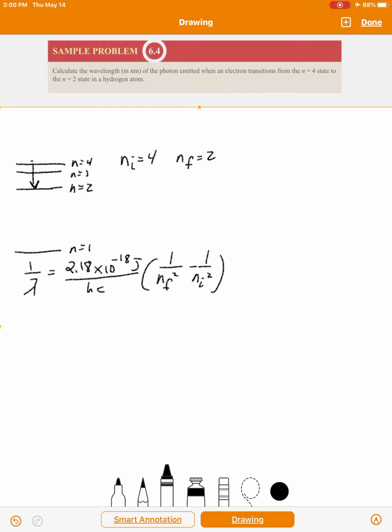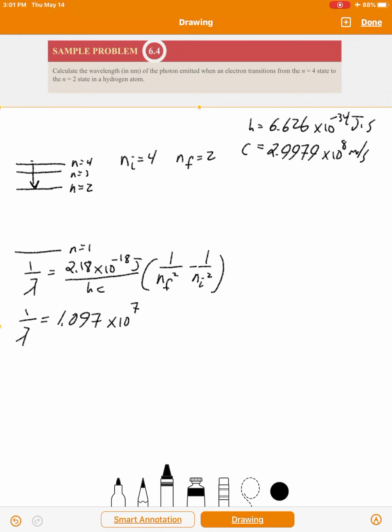So I'm just going to write this to 4 sig figs: 1.097 times 10 to the 7th reciprocal meters, 1 over meters, times 1 over n final squared minus 1 over n initial squared.